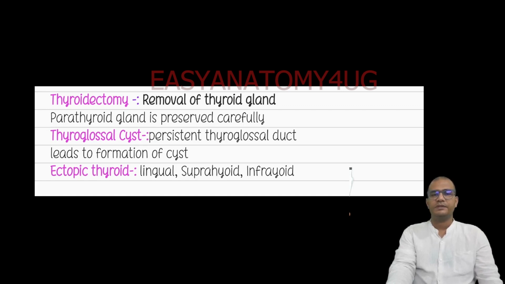And sometimes the thyroid tissue is present at ectopic sites. These ectopic thyroids are present in the lingual position, on the posterior aspect of the tongue, then suprahyoid and infrahyoid positions, above the hyoid and below the hyoid. So these are called ectopic thyroids.